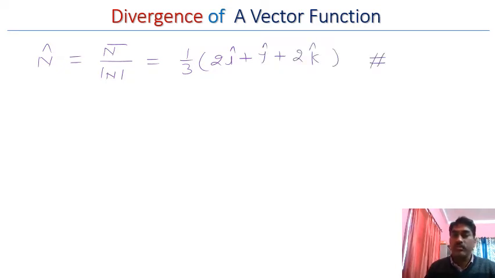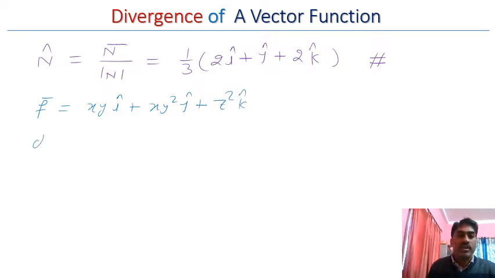So we have done one task. We have obtained the unit outward drawn normal to the sphere. Now we need to find the gradient of divergence of the given function. f was given as xy i plus xy square j plus z square k.